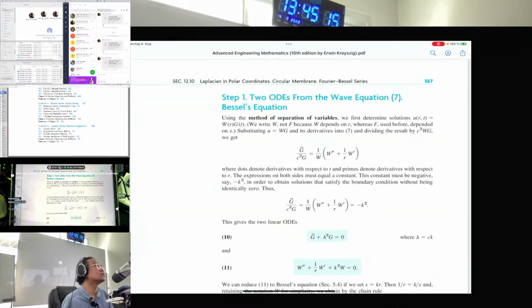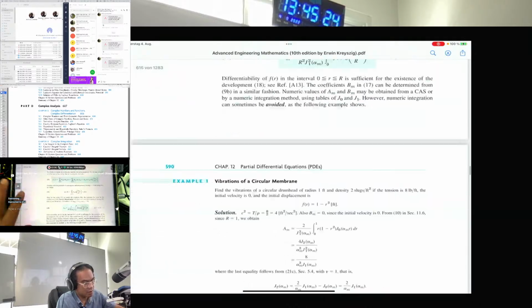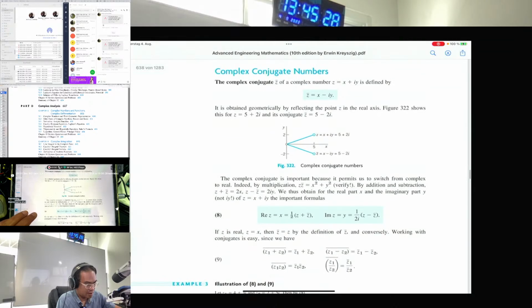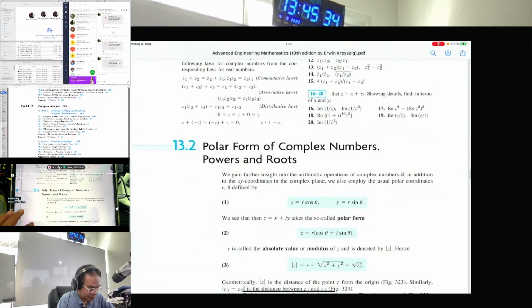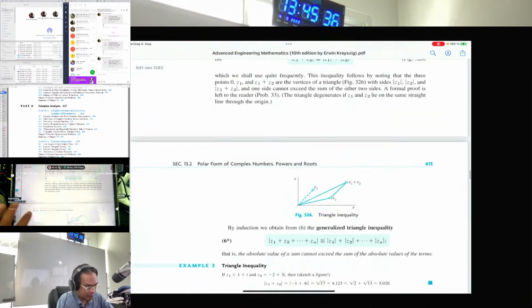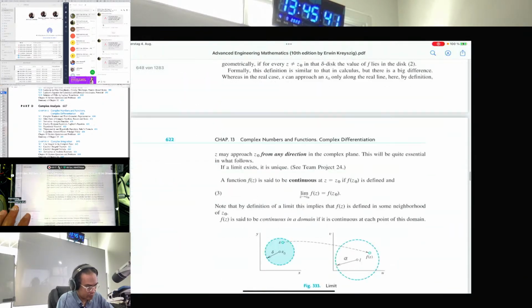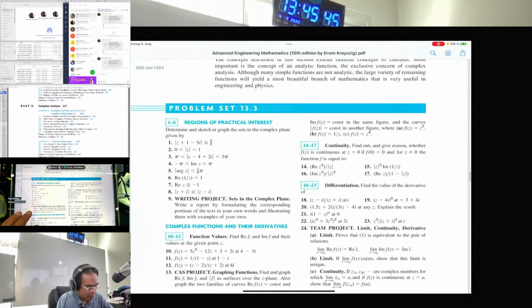Complex analysis. Complex number, 613. Okay, yes sir, this one. Polar form. Derivative. This one.